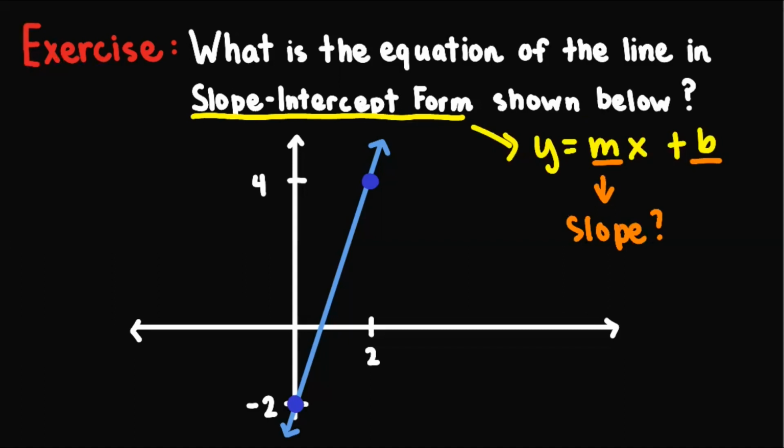Fortunately, we have a given point out here. So using this given point as well as the y-intercept, you'll use these two given points to figure out how to get the slope of the line. So I hope you got that one, and that's it.